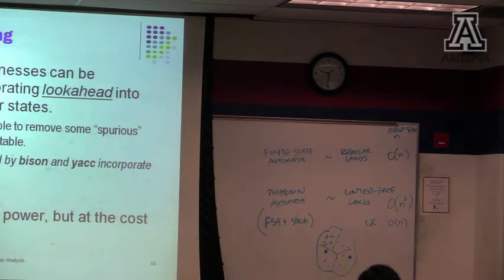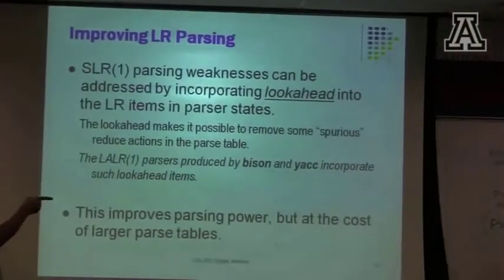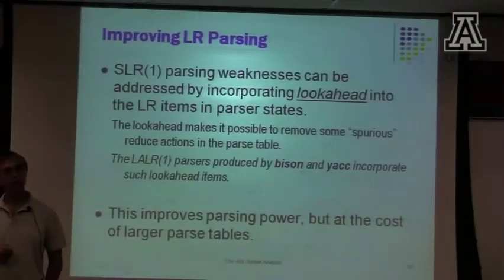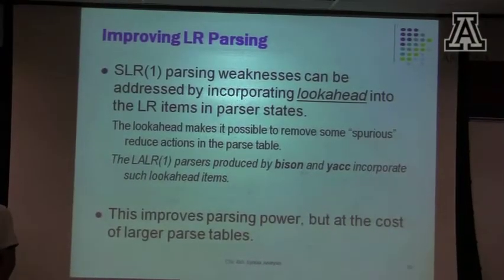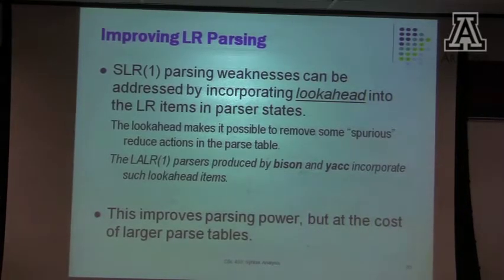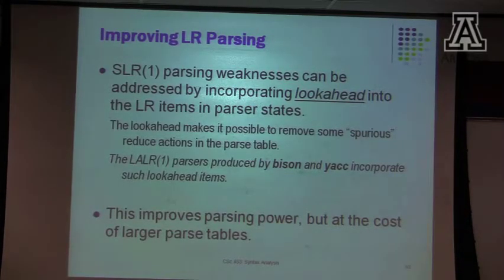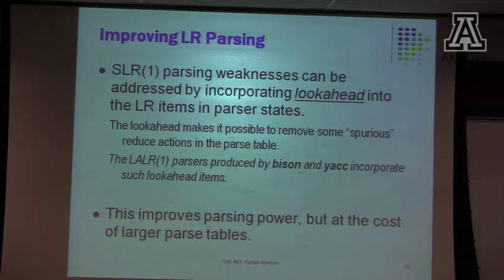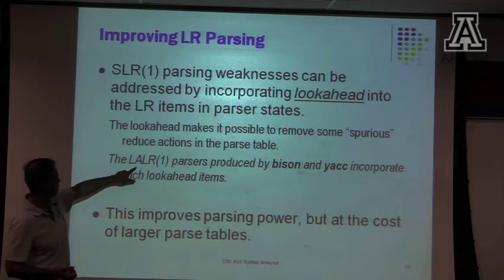So if we do it carefully, you can merge a lot of states, but still not go all the way back to the SLR1 situation. So now you're somewhere in between. You have more states than SLR1, but a lot fewer than the LR1 case. That's called LALR1.